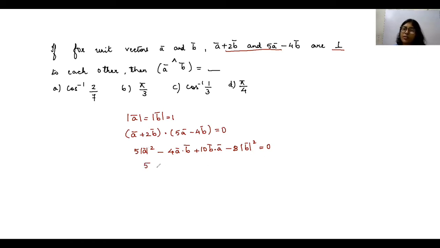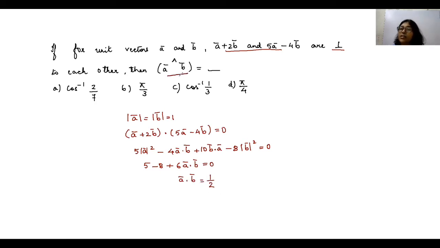So 5 minus 8, we will write it over here. And this is minus 4A dot B plus 10B dot A. Dot product is commutative, so we can simplify this, it will become 6A dot B. So from here we have A dot B is equal to half.